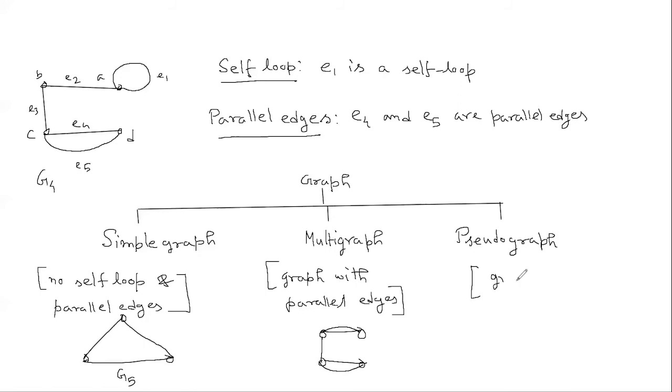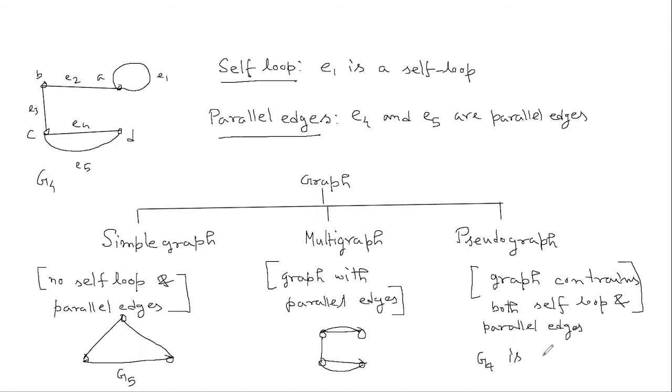A graph that contains both self-loops and parallel edges. G4 is an example of a pseudograph.